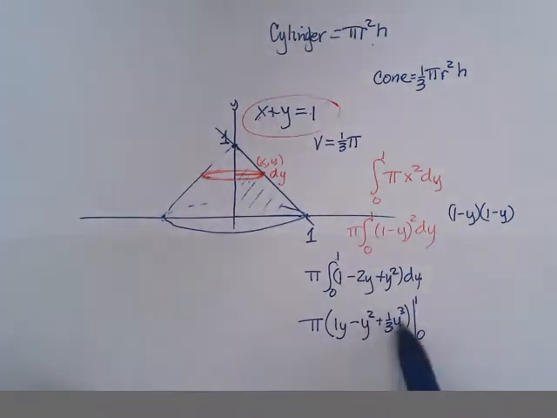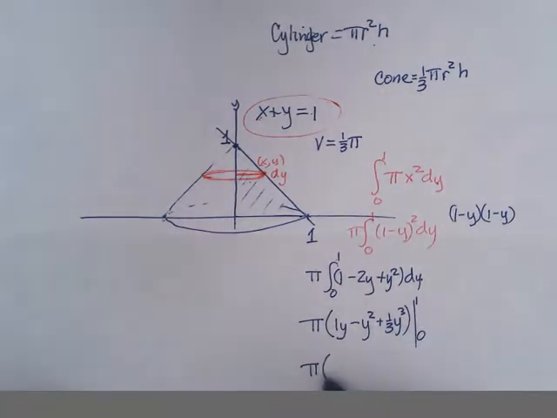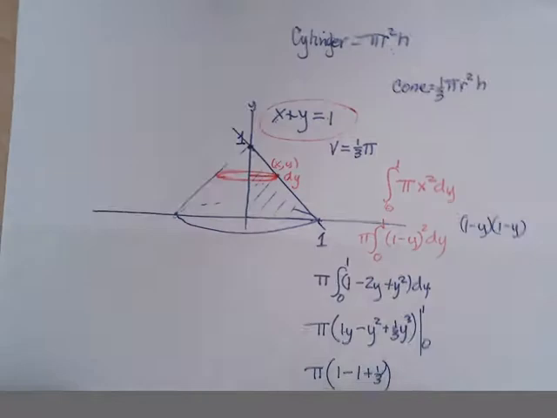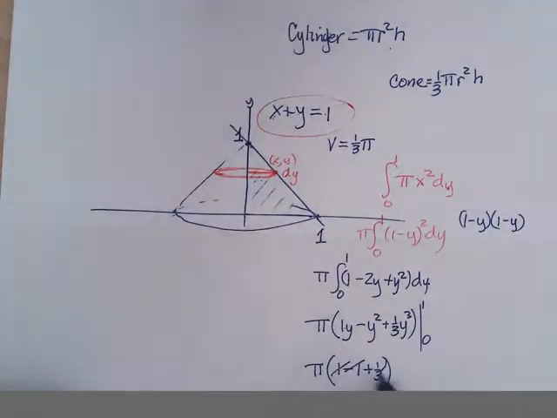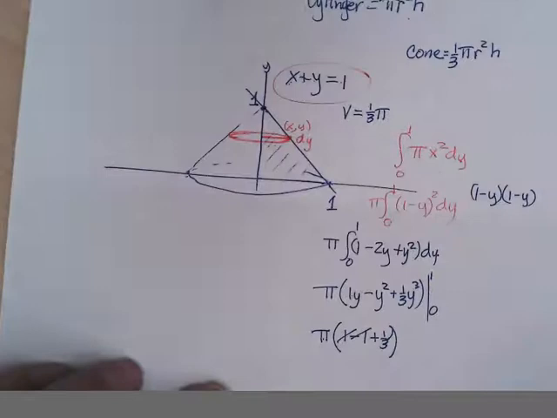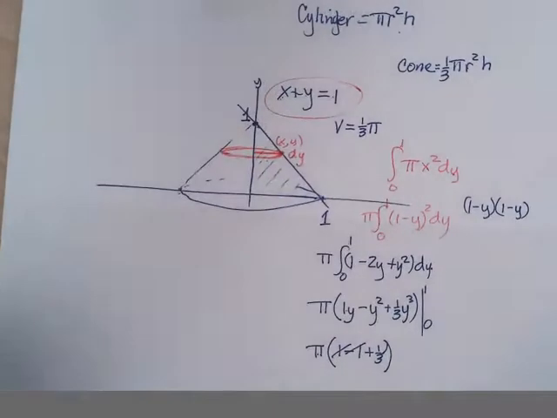If I put in 0, I'm going to get nothing. So I'm going to get everything from when I put the 1 in first, which is going to be pi times 1 minus 1 plus 1/3. And the 1's cancel, and I get 1/3 pi, which is what I thought I should get. Okay?